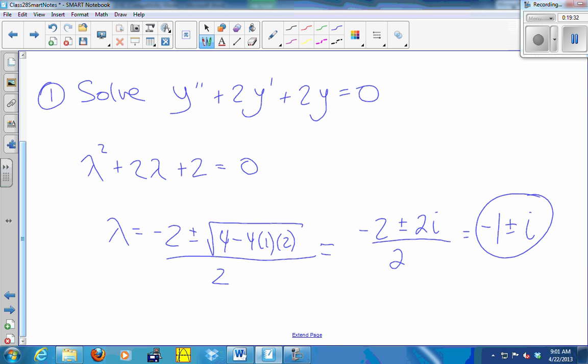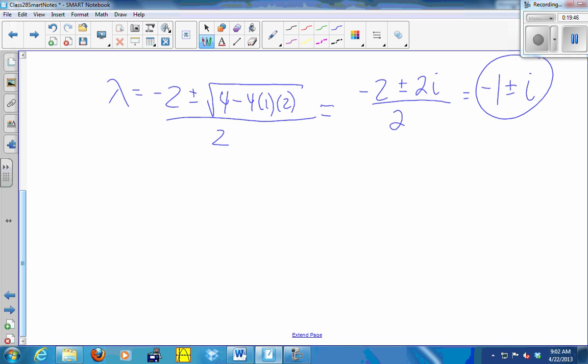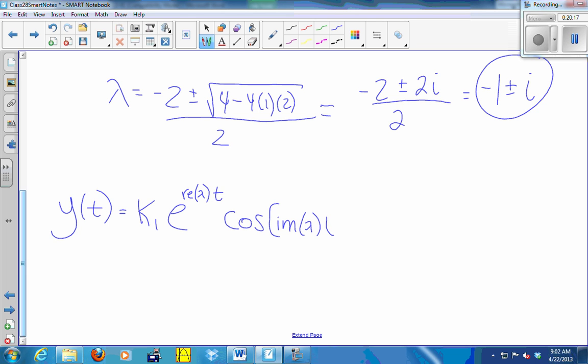So if I want to find the general solution, you can just pick one and find the associated eigenvector, or we learned a shortcut for this in section 3.6, that the solution y of t will always have the form k1 e to the real part of lambda times t, times cosine of omega t, where omega is the imaginary part of lambda, plus k2 and so on.